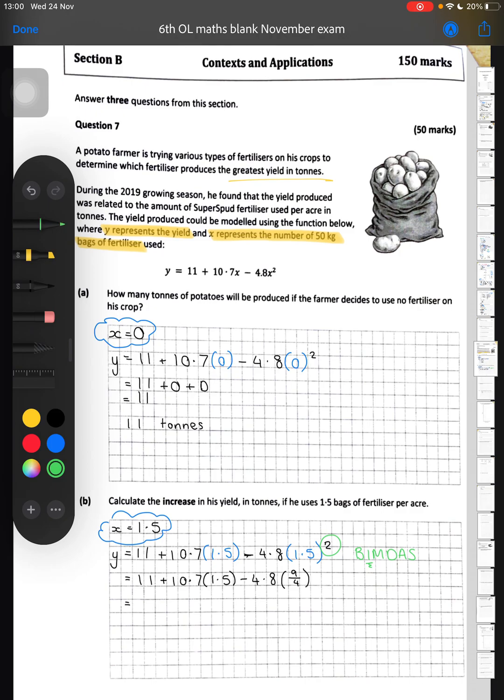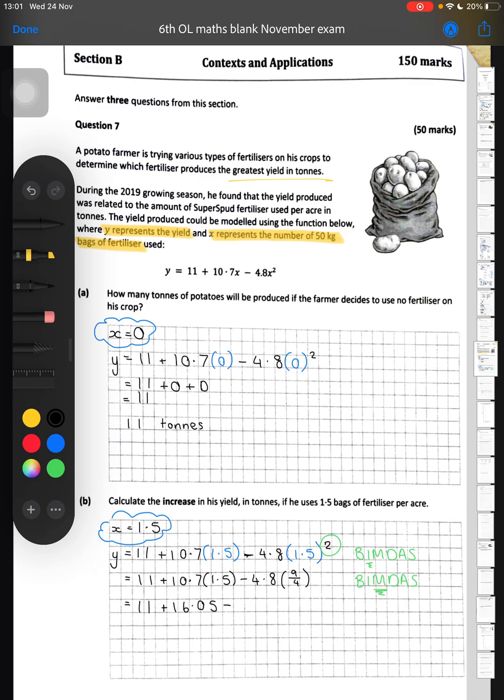Okay, so now I'm going to do out from BIMDAS. I don't have brackets to simplify, I don't have indices anymore. I do have multiplication, so I'm going to do my multiplications now. So I'll have 11 plus 10.7 times 1.5 is 16.05.